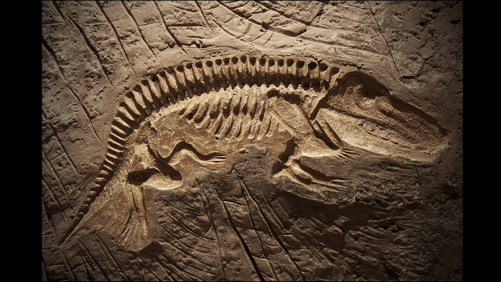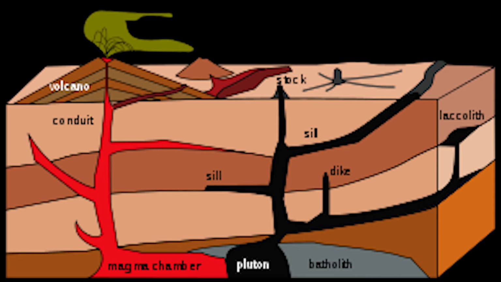Fossils. A fossil is an animal or plant or a part of one that lived many thousands of years ago and is preserved in rock or as a piece of rock. Geology. Geology is the scientific study of the structure of the earth, the way in which it was formed, and how it has changed over time.